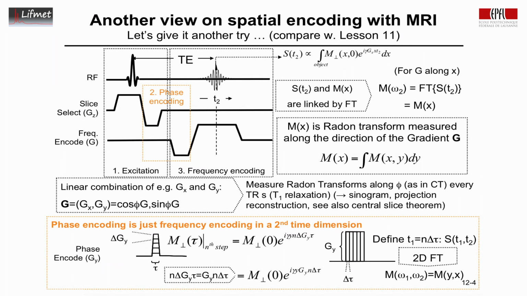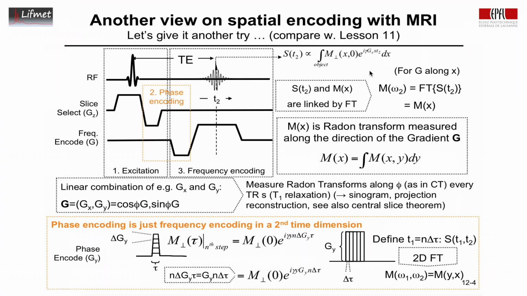We can do the two-dimensional Fourier transformation. We got two time variables, and this gives us, from the signal of t1 and t2, a magnetization as a function of omega 1 and omega 2, and therefore a magnetization as a function of y and x, because omega 1 is linked to the position in y and omega 2 is linked to the position in x.